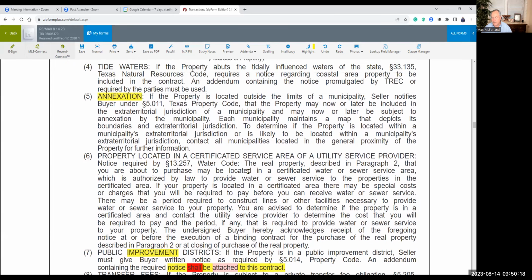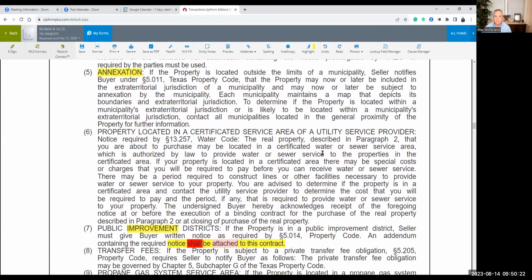You'll also see I have a highlighted annexation, because that's a concern based on use, if the buyer has a different use, if they're planning on doing something different. Where's the property located and what's it back to, or what's it located around, and is there any possibility, based on what you know, of them being annexed in?